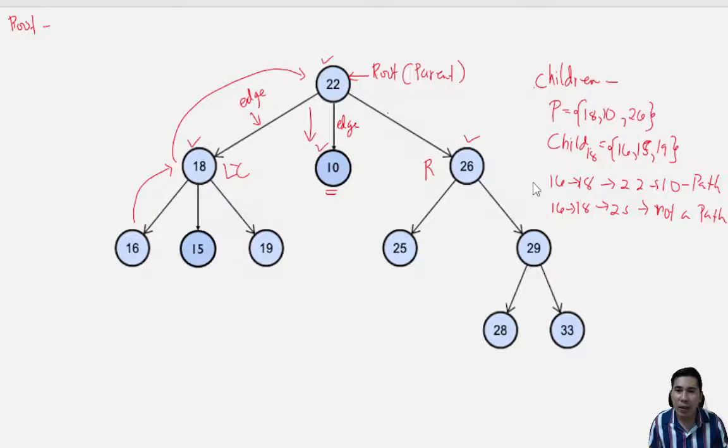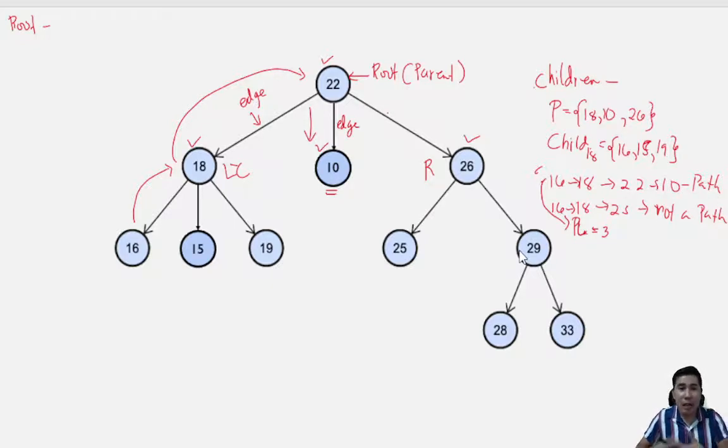So the path length of this one is three. That's how you do a path length. How about 16, 18, 22? We have one edge, two edges. Going to 28, we have here one, two, three, four, so we have a path length of 5.